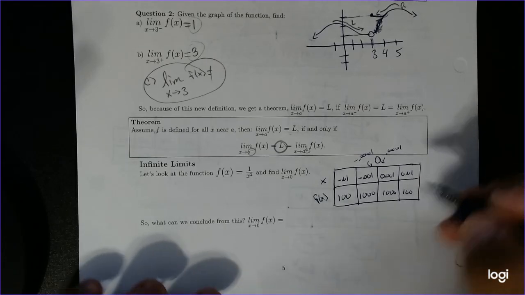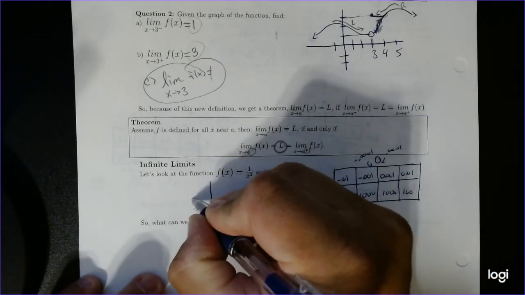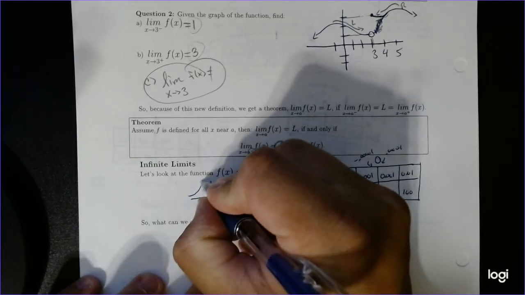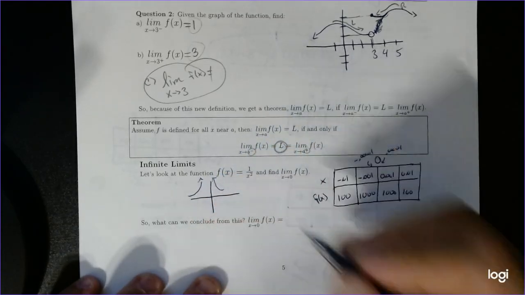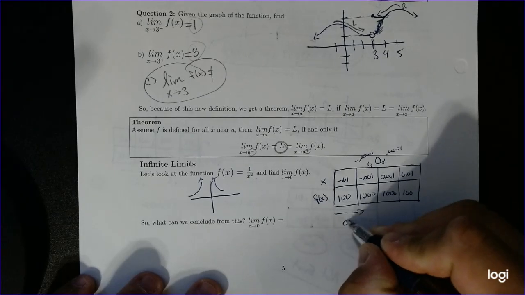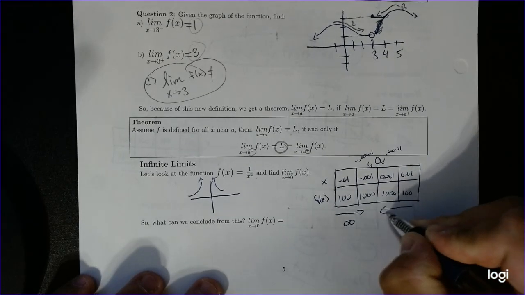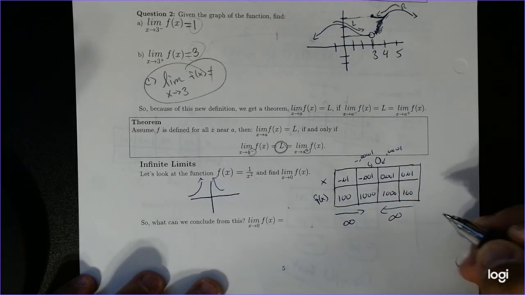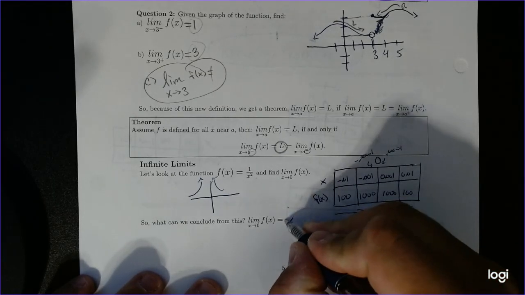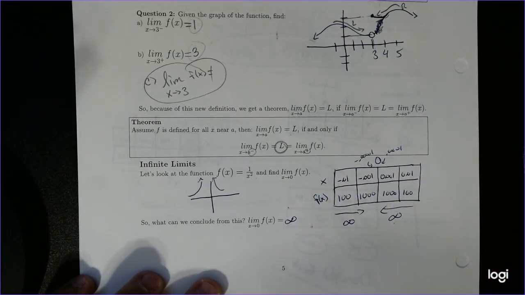Okay? Now the reason for that, unlike the last situation, is that the graph goes like this. Meaning this time, this one's going towards positive infinity, and the other side is also going towards positive infinity. Because they both match, and they both have the same sign, this is going towards positive infinity. Why?